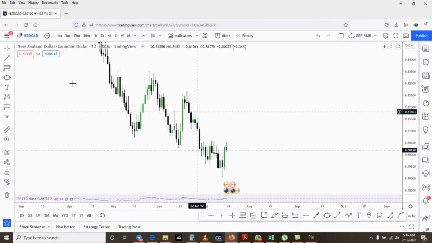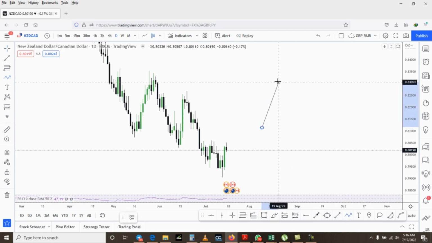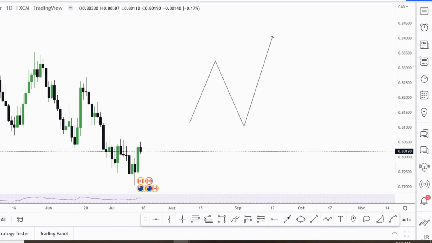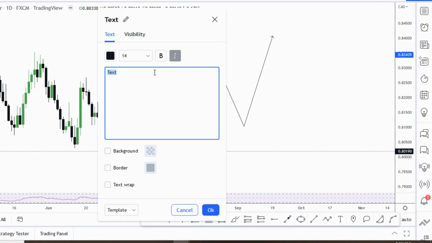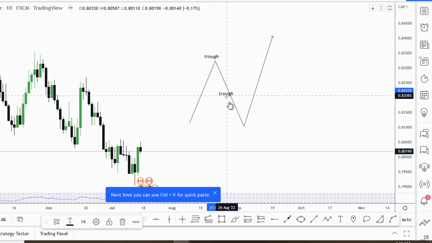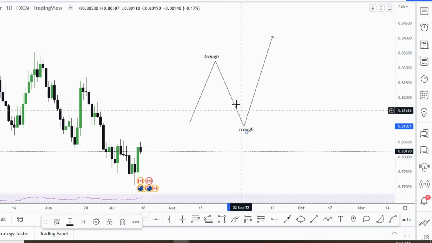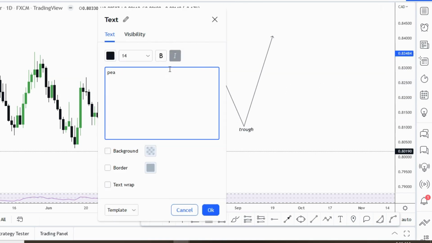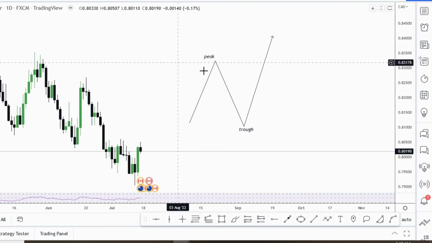Where we have a V formation. What I mean by a V, it's a V. We call this a trough. These are troughs; another name for them is peak.